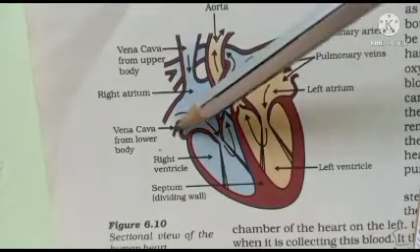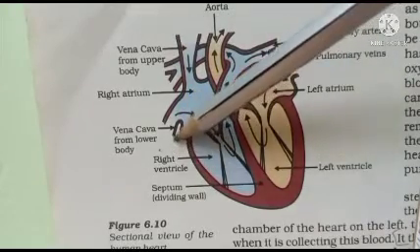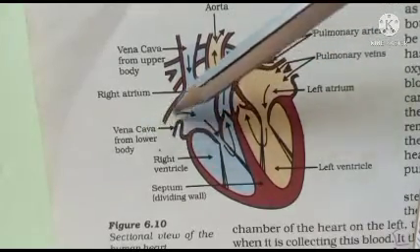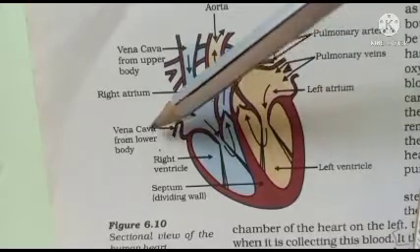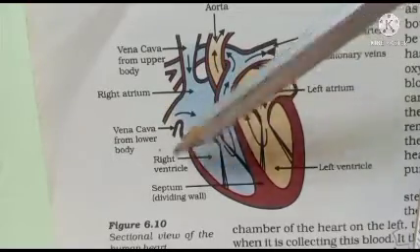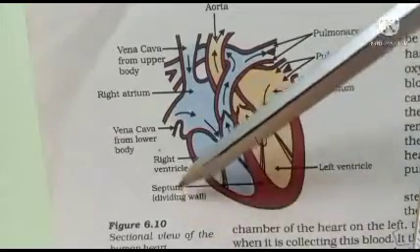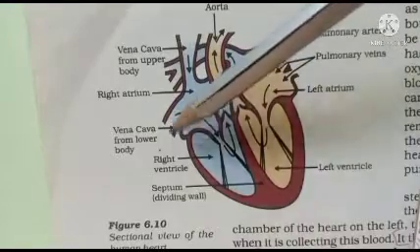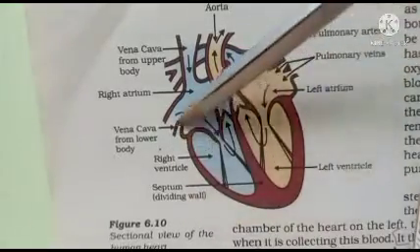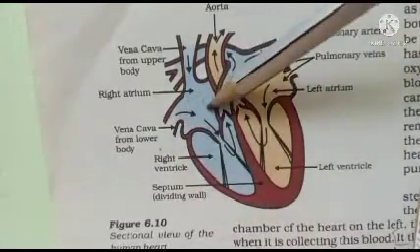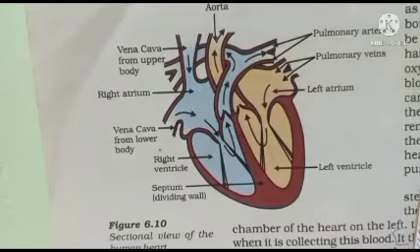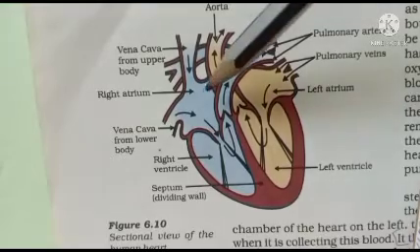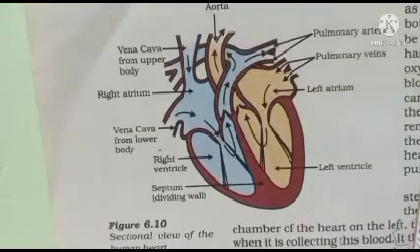Then another blood vessel, again a very large vein, is called the posterior vena cava, which collects the deoxygenated blood from the posterior part of the body, or lower part of the body. So this deoxygenated blood from the anterior and posterior parts of the body is collected by the vena cava, and it is released into the right atrium.